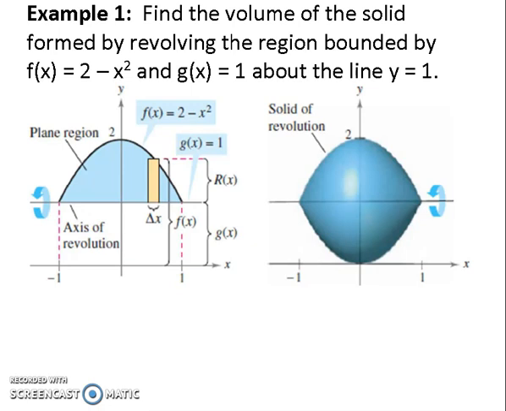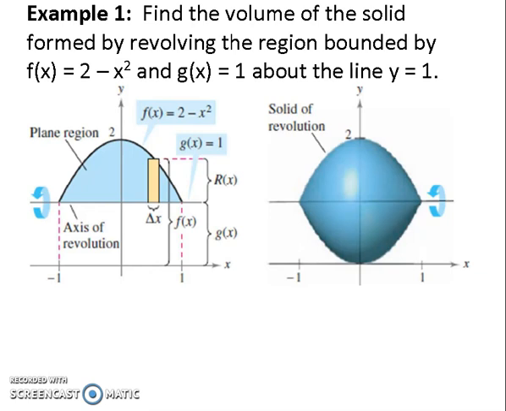So we've got some really great visuals going on here. You can see the region for 2 minus x squared and y equals 1. It's the blue parabola here in the first graph, and we're going to rotate it around the line y equals 1. In rotating it, we end up with the shape that you see in the second figure here. Not quite a sphere because it's a little pointed at the ends, but that type of shape.